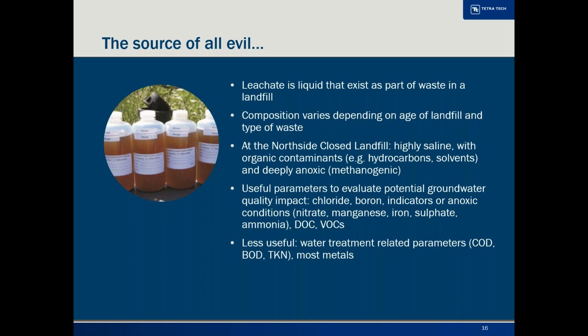And part of those parameters are part of the routine water chemistry, like nitrate and sulfate. Others are part of the metal analysis that we typically do, and that's dissolved manganese and dissolved iron, but also parameters like nutrients like ammonia, and organic indicators like dissolved organic carbon and volatile organic compounds.